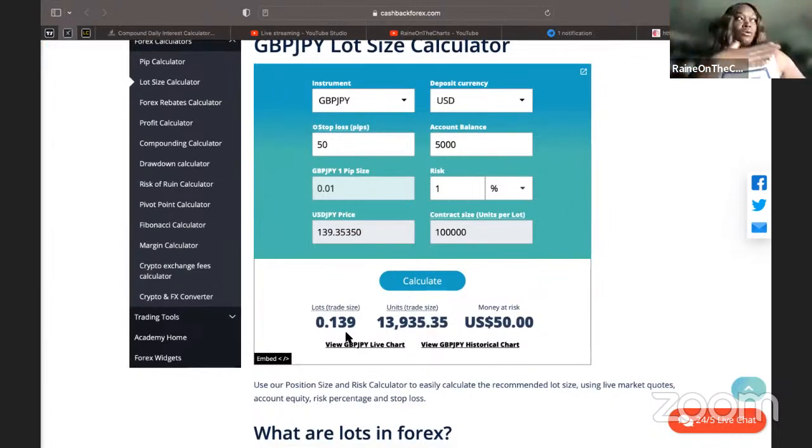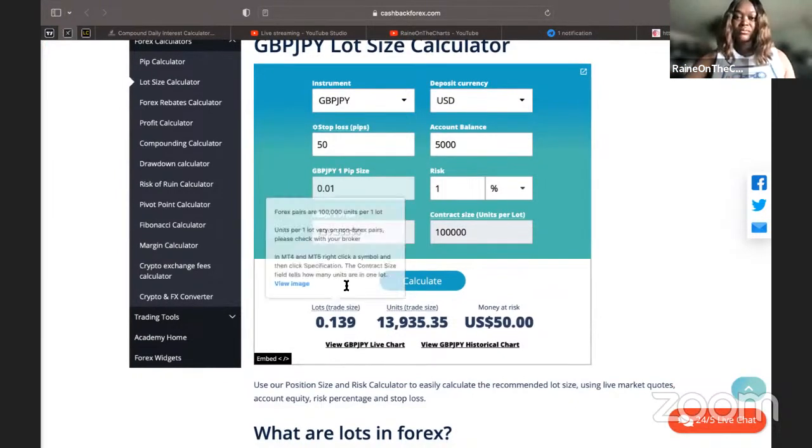Either you're going to be profitable or you're going to incur a loss. The goal is to be profitable more times than you incur loss, but loss is a part of it. Once you can accept that and then use proper risk management, that's an important tool. The lot size calculator is an important tool in helping you to ensure that, right? So if you lose the trade, you can only lose $50.